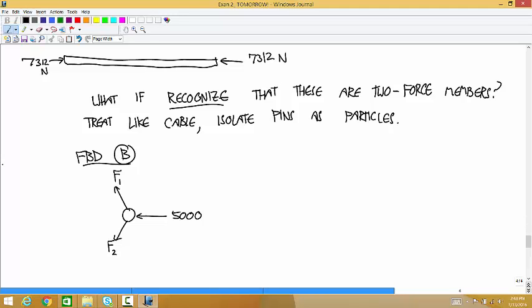We need to come up with unit vectors for both of those. A unit vector for this force F1, representing its direction, is negative 0.342, positive 0.940. And then we multiply that unit vector by the value F1 to get the force vector.